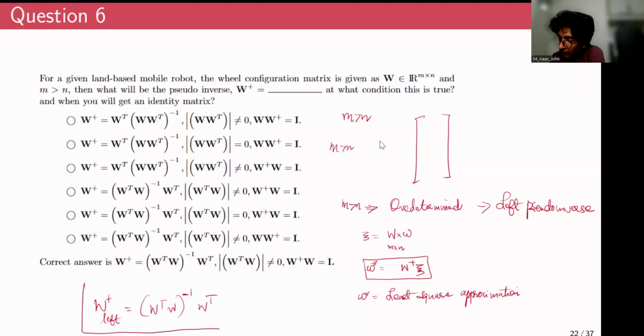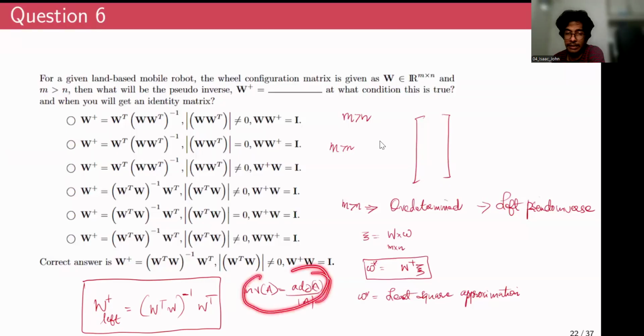And in order for this left pseudo inverse to exist, this regular inverse should exist, because W transpose W is going to be a square matrix. And in order for this inverse to exist, for a given matrix, by definition, inverse of a matrix is nothing but adjoint A by determinant of A. So in order for this, determinant of A should not be 0. It should be non-zero. Otherwise, determinant of A is 0, this inverse becomes undefined.